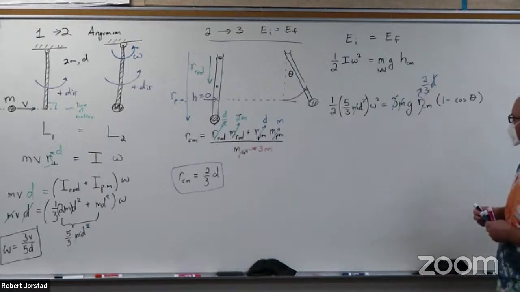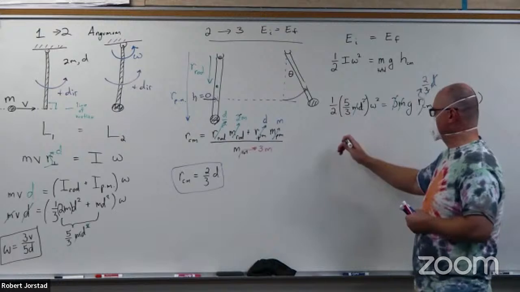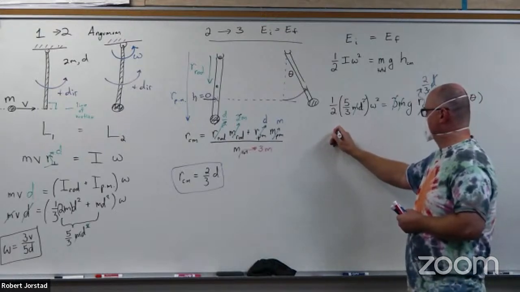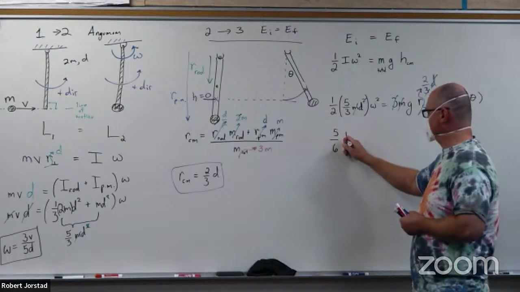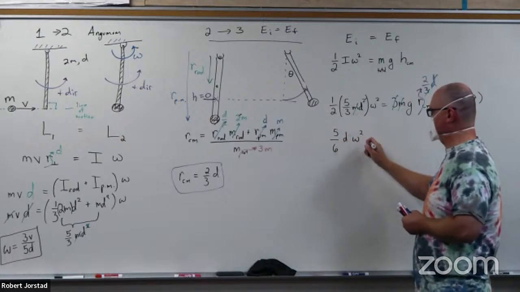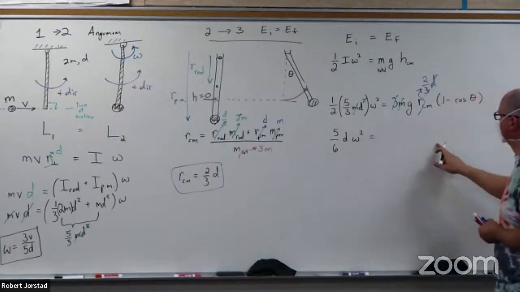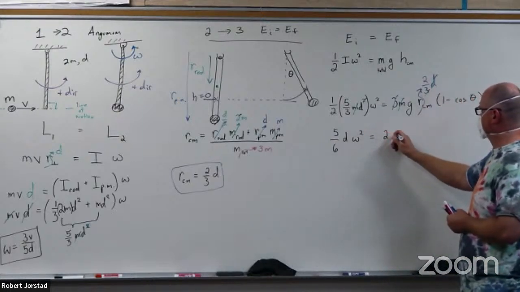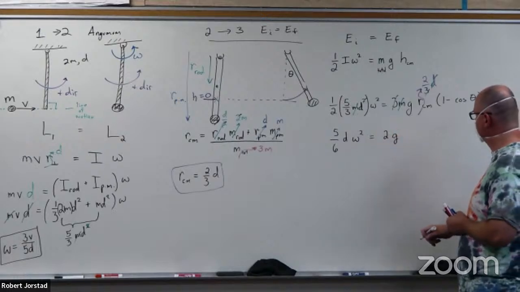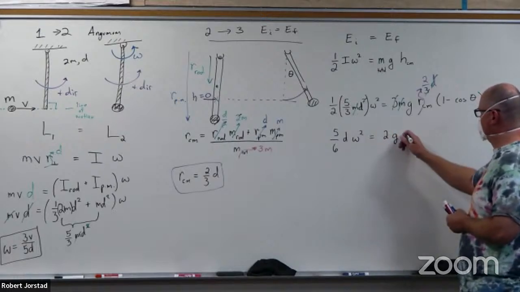I'm getting so lost, I'm going to rewrite before I get out of control. So I get 5/6 d omega squared equals 2g times 1 minus cos.